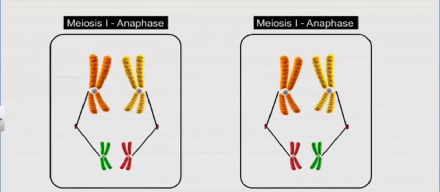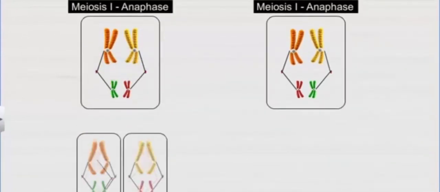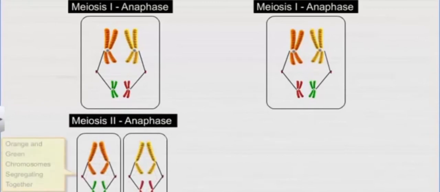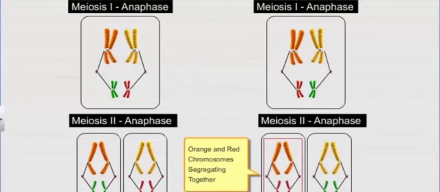During the anaphase stage of meiosis 1, there is a long orange and short red chromosome and a long yellow and a short green chromosome aligned along the same pole. Now during the anaphase stage of meiosis 2, we can see the orange and green chromosome segregate together in the cell on the left, while the yellow and red chromosome segregate together in the cell on the right.